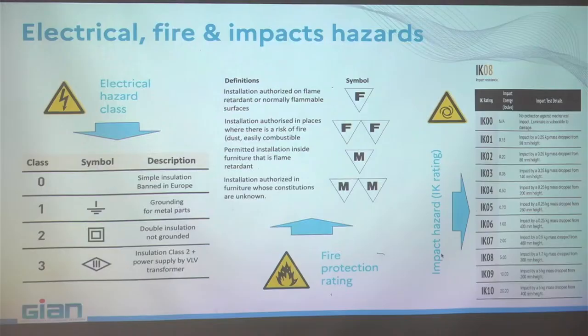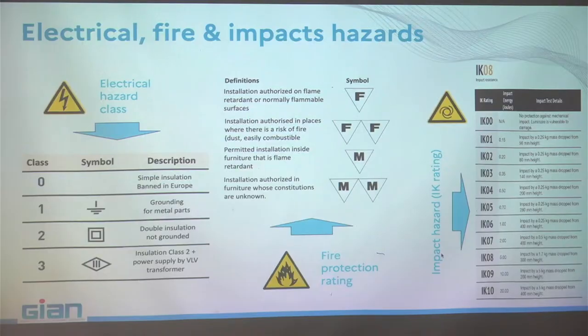Okay. Class 2 is a double insulation, is not grounded. That means all the electrical high power is isolated, is disconnected from the external part of the device. This kind of lamps and fixtures, we find it nearby water points.